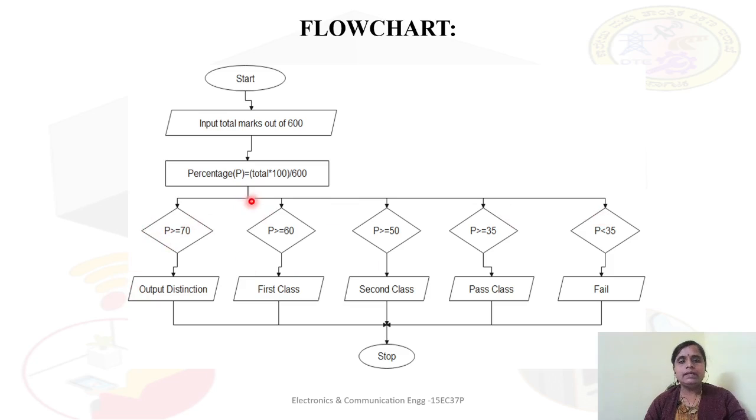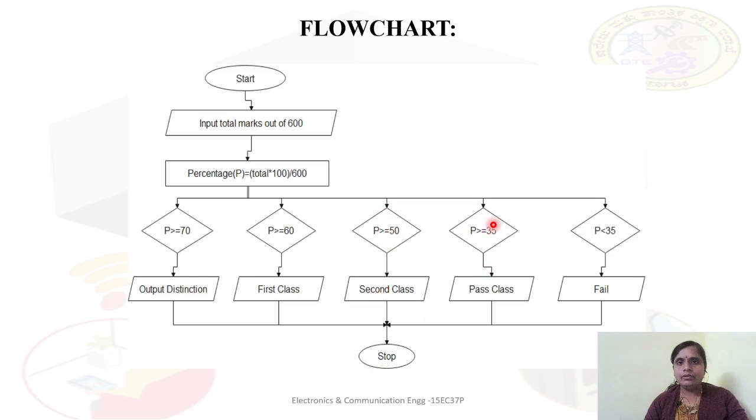You can observe that P is first compared here. If P is greater than or equal to 70, then we write the output as distinction, and we come out of the loop and stop the program. Now if P is greater than or equal to 60, it will be first class, come out of the loop. If it is greater than or equal to 50, the output is declared as second class, again you come out of the loop.